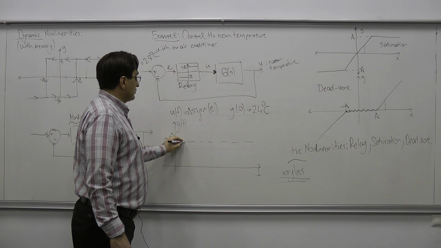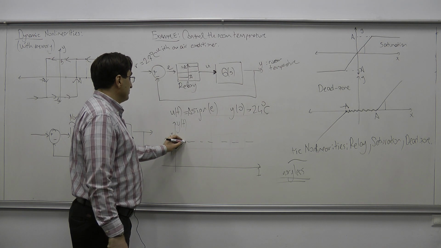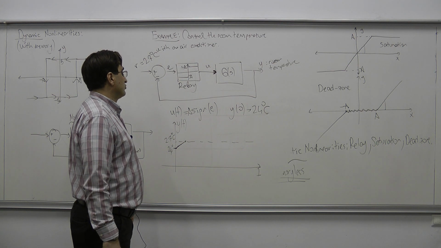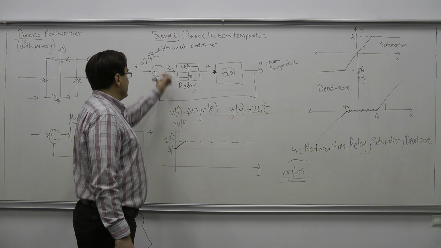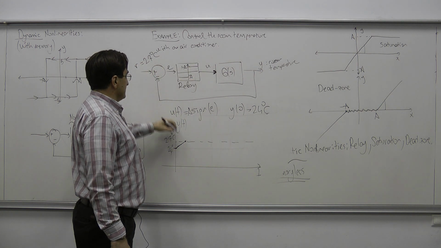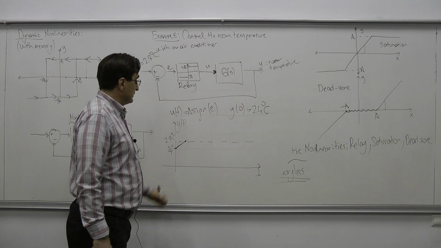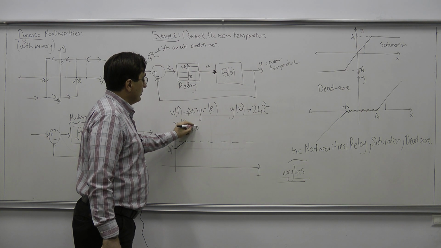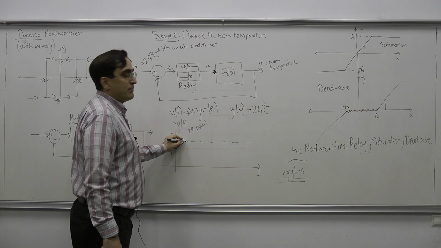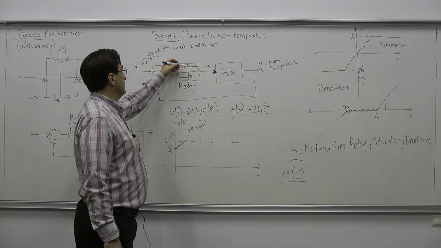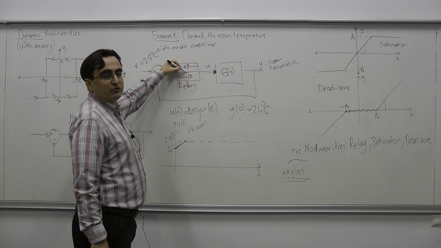Then we are going to hit 27 degrees. The actual room temperature is going to hit 27 degrees, but since I will not be able to sense this immediately, it is just going to go slightly above 27 degrees, 27.0001 degrees.